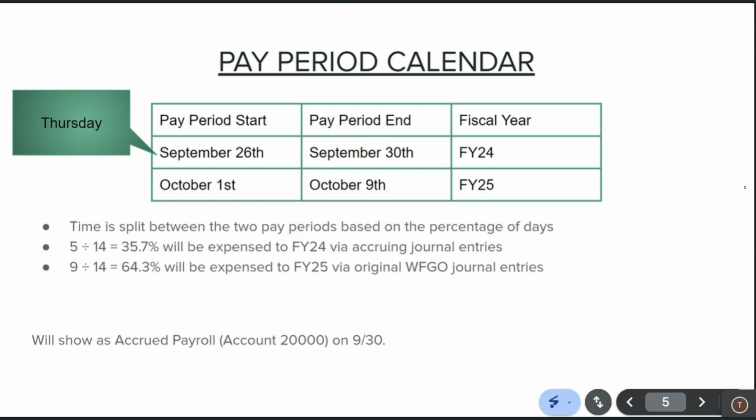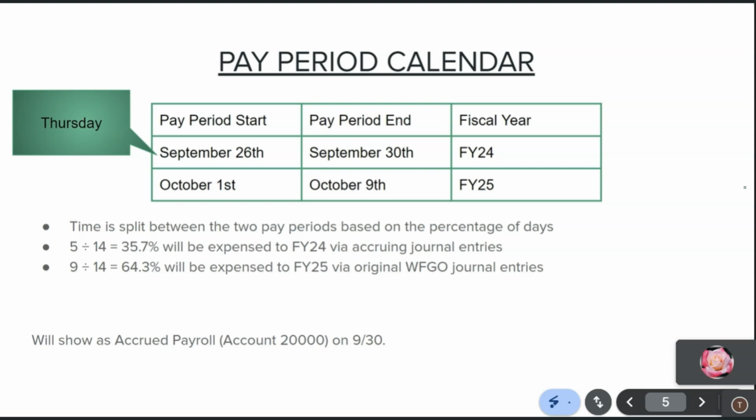And then manually, we will accrue that time to September 30th also, just like the current pay period we're in. And any of that unpaid payroll will show in account number 20,000 as accrued payroll because employees aren't getting paid. I think this pay date is October 16th. So because that's when that's happening, we're accruing payroll, and that's how it'll display on our financial report.